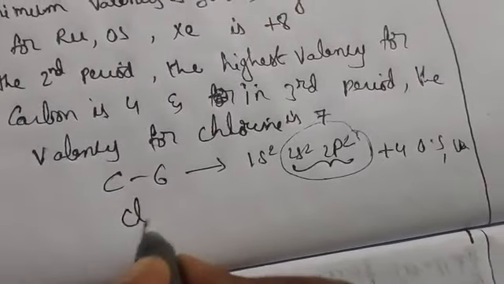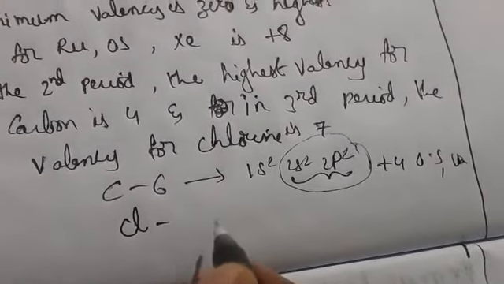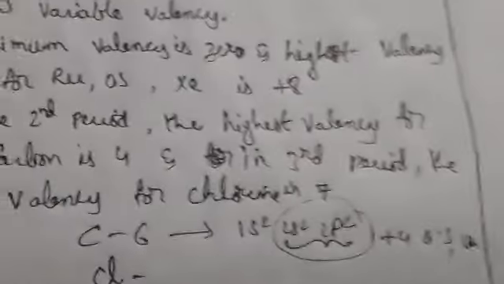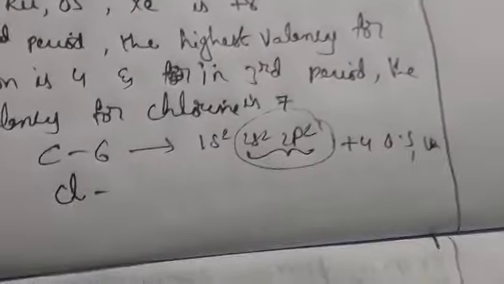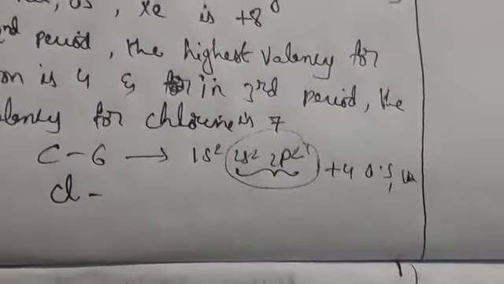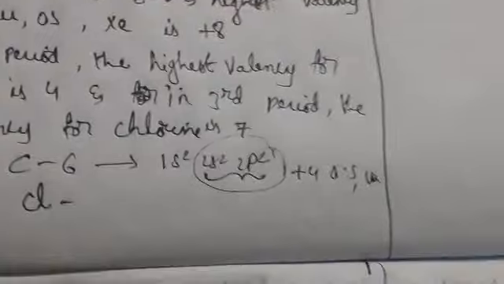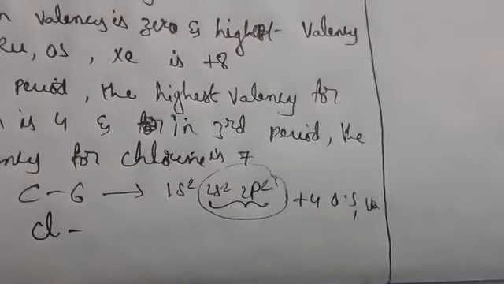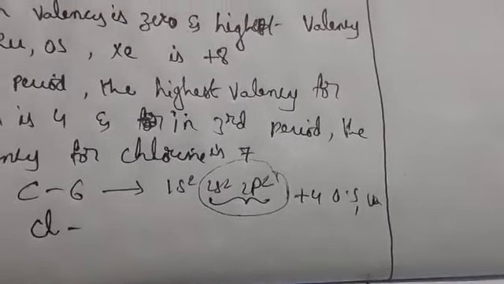In the same way, if you take chlorine, what is the atomic number? Fluorine has 9, with 1s2, 2s2, 2p5.